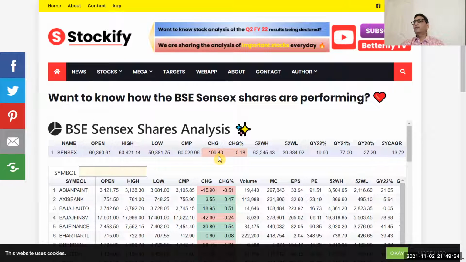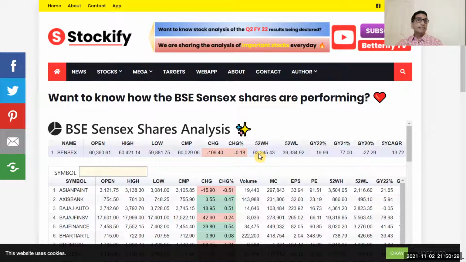Let's say if we go by today's numbers, it is down by 109 points, Sensex basically. So not a particular stock, but it's an index. So down by 109 points, and in percentage terms, down by just 0.18%. So it's negative.